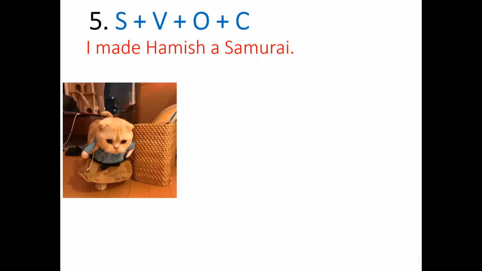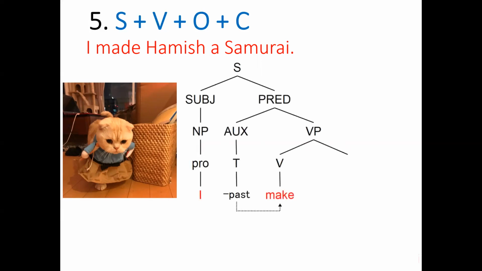Oh, here we are. Now we have the SVOC meaning of the sentence, I made him a samurai. And we can use the same phrase structure rules that we applied previously to generate the subject and much of the predicate.